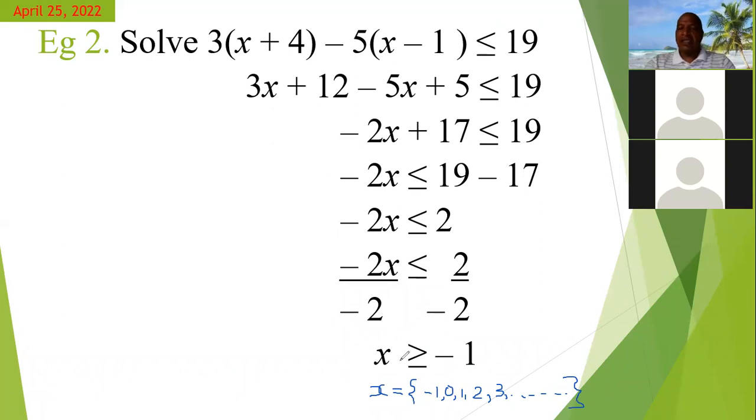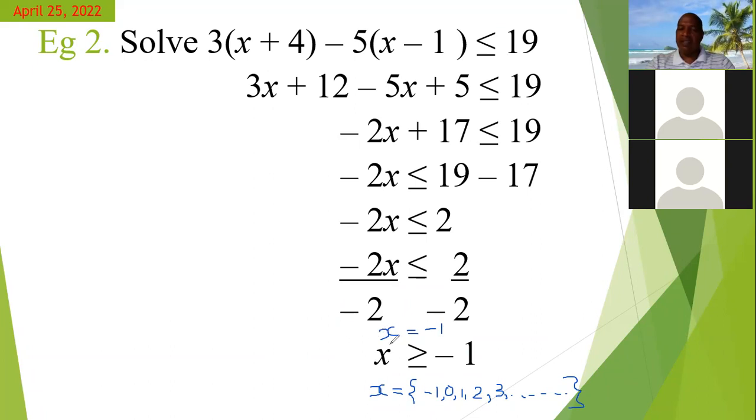So remember now, if it was an equation and we say x is equal to -1, then it is only one value that would satisfy x, -1, because the left side would be the same as the right side.